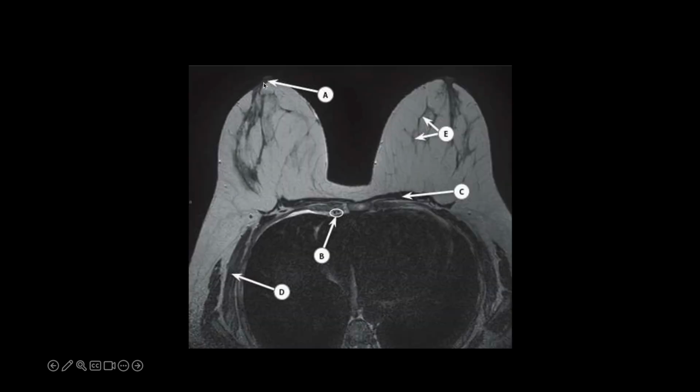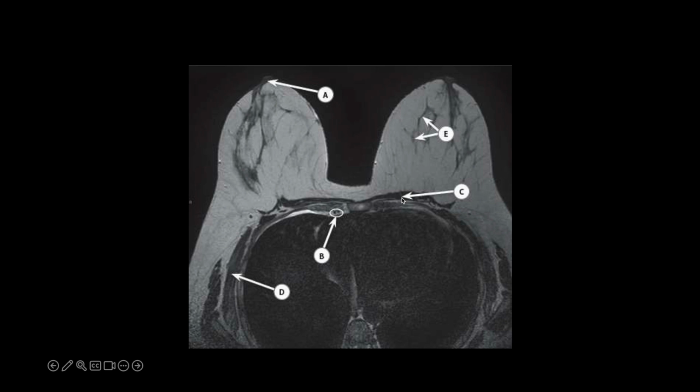A is your nipple, so right nipple, if you've got to give a side if you know the side. B are your right internal mammary or internal thoracic lymph vessels. You can call them internal thoracic or internal mammary vessels, maybe internal thoracic, and they just pass lateral to the sternum on both sides, and it's one of the branches of the subclavian vessels, the second branch.